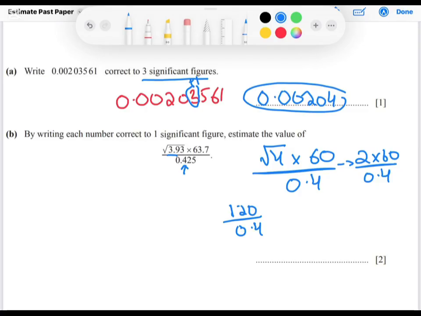So I just need to multiply both values by 10. As I told you previously as well, I already made a video related to decimal points and how to solve decimal numbers. So this will become 1200 and this will become 4, so divided by 4, the final answer will be 300. The estimated value we will get is 300.